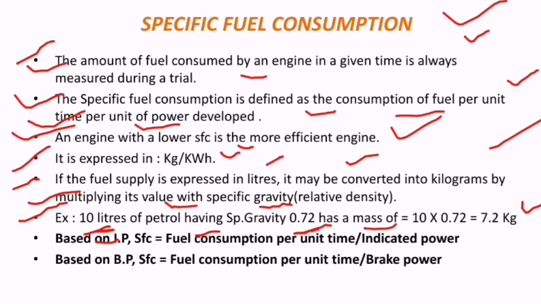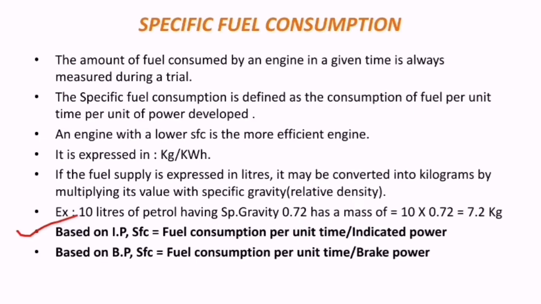So we need to convert liters into kg. Based on indicated power, SFC equals fuel consumption per unit time by indicated power. Based on brake power, SFC equals fuel consumption per unit time per brake power. This is the formula for finding the specific fuel consumption.